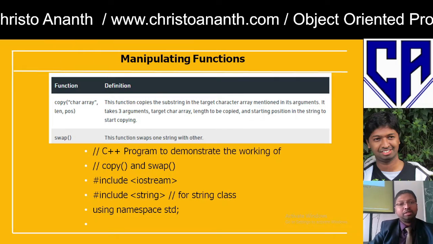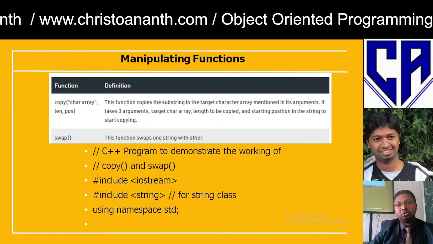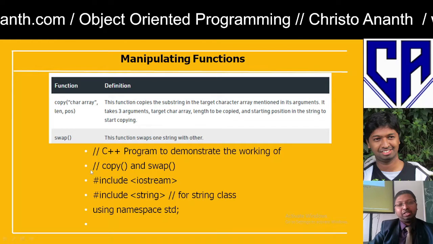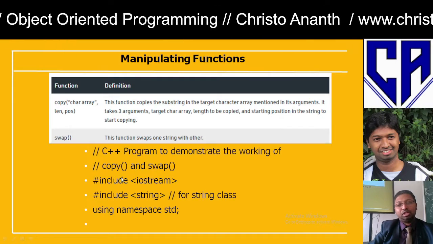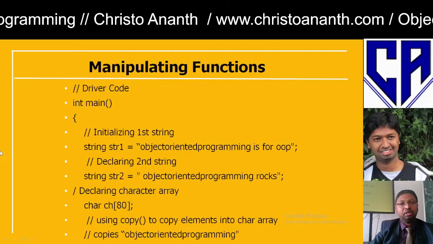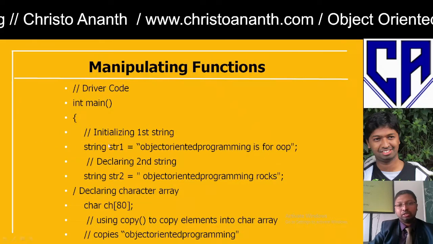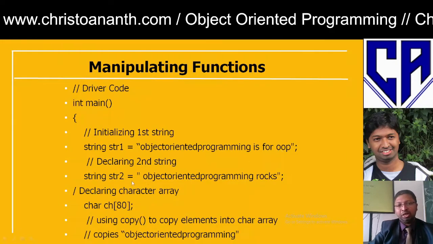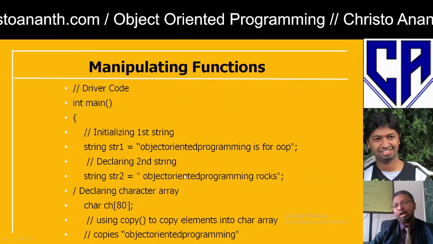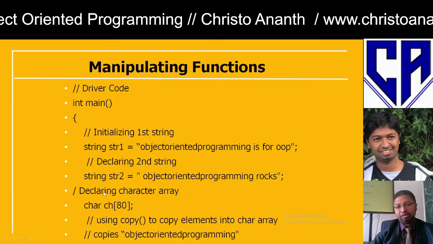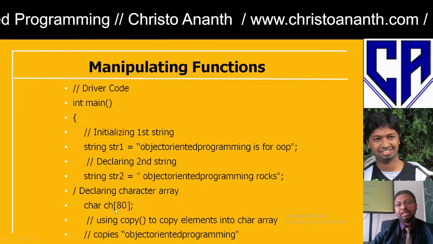So you have a C++ program to demonstrate the working of the copy and swap functions. #include iostream, #include string, and using namespace std. In the driver code, initialize the first string: string1 is "object oriented programming is for OOP", and the second string is "object oriented programming rocks". Then you declare the character array, char ch of 80.